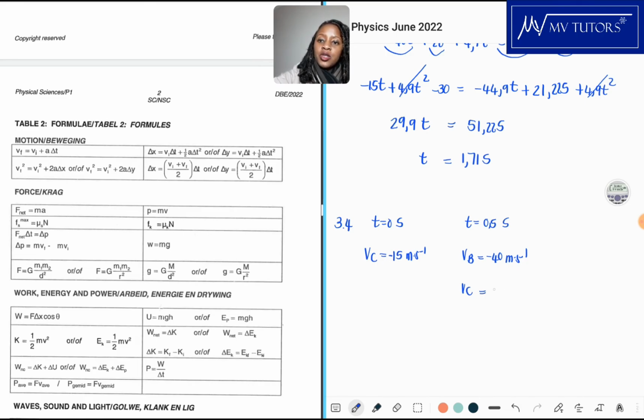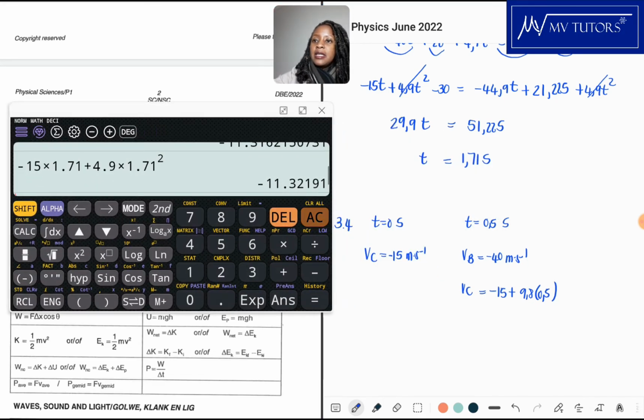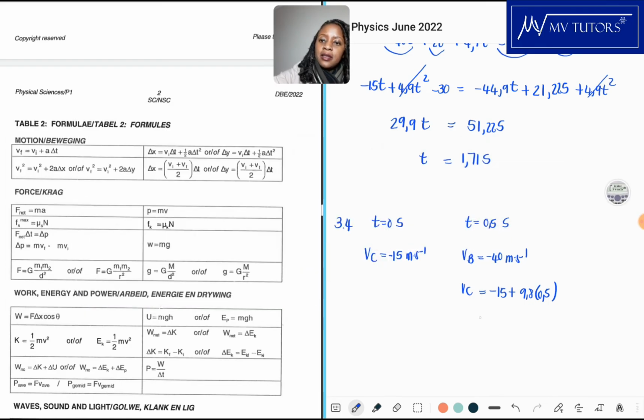The initial velocity was negative 15, and we have 9.8 and the time 0.5. So we have negative 15 plus 9.8 times 0.5, which gives negative 10.1. That was just out of interest.